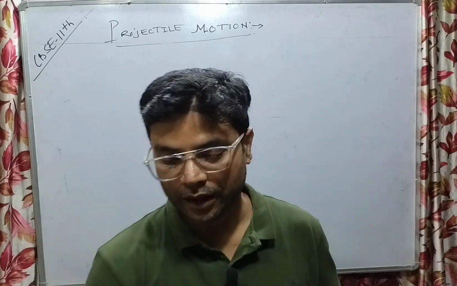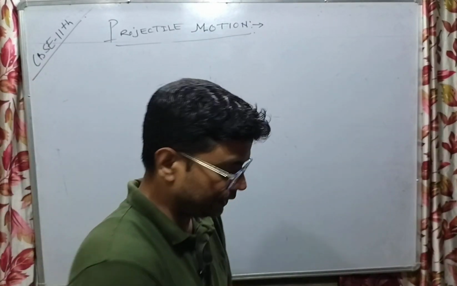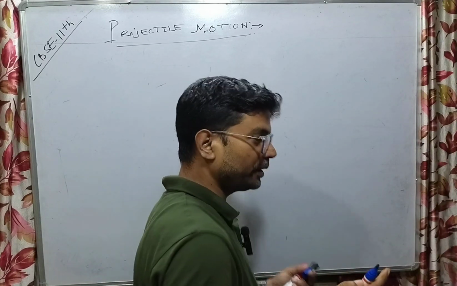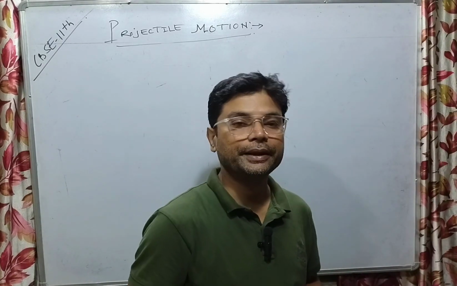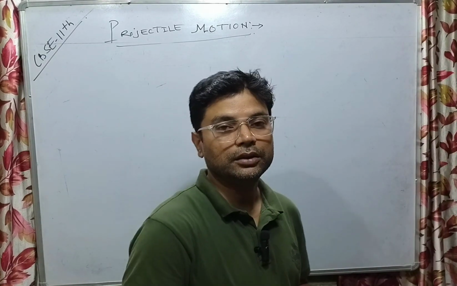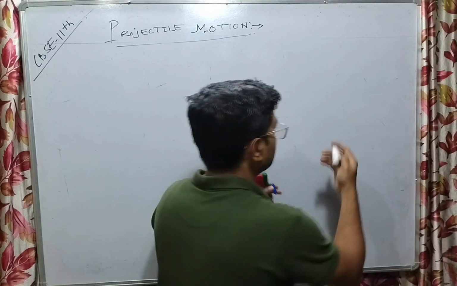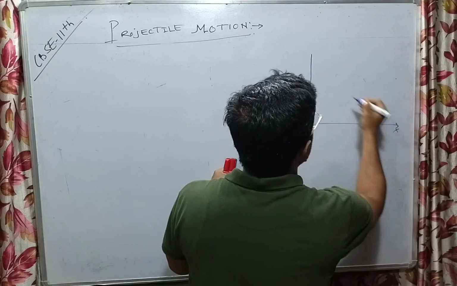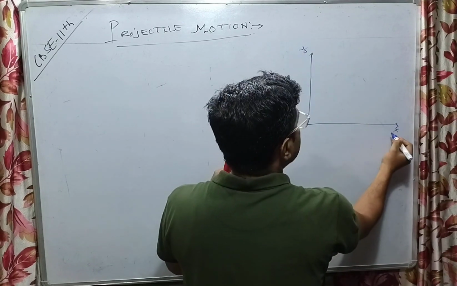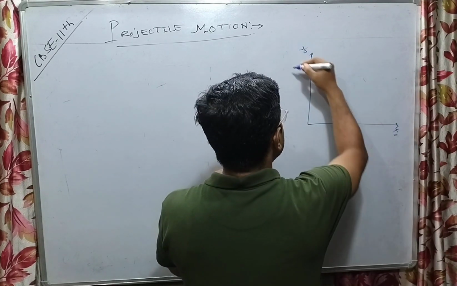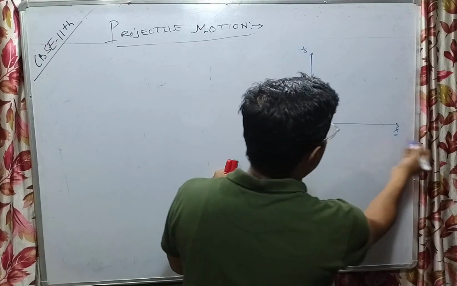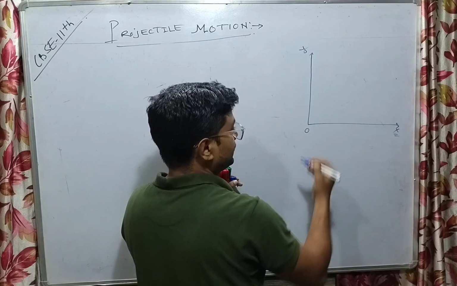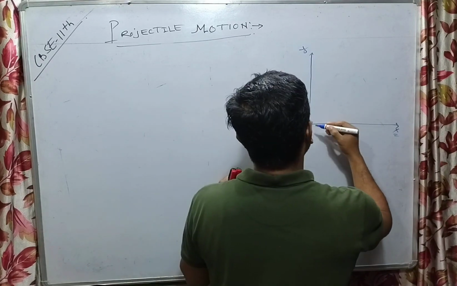Now let us consider an object. Let us first consider the xy coordinate plane. This is the x axis, the horizontal axis, and this is the y axis, the vertical axis. Along y it is vertical, along x it is horizontal.